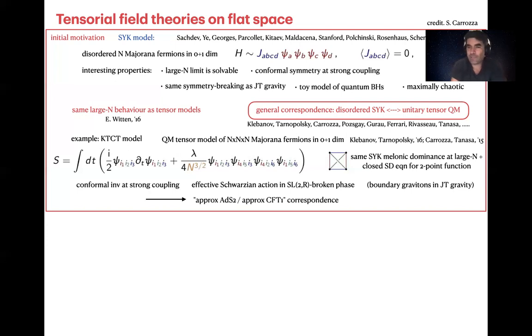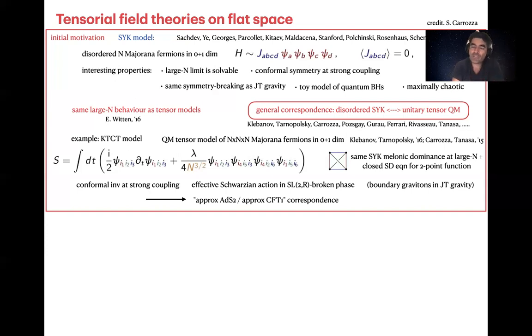This model has, in fact, the same type of melonic dominance, like the random tensors we discussed earlier at large n, and it has a closed Schwinger-Dyson equation for its 2-point functions. And in fact, one can find, again, conformal symmetry at strong coupling, a relation with JT gravity and the effective action of boundary gravitons in JT gravity.